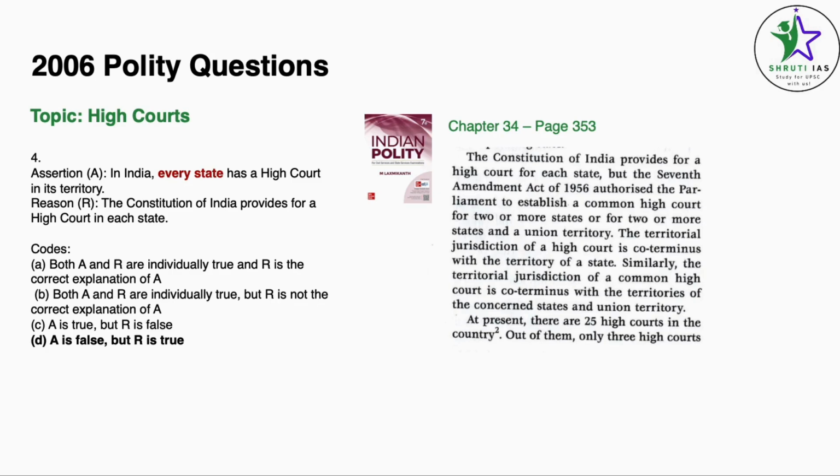Here if we check chapter 34, High Court, page number 353, we can directly see in paragraph 2, first line, that the second statement is correct. The Constitution of India does provide for each state to have a high court, but by the 7th Amendment Act of 1956, it authorizes 2 or more states to have a common high court.